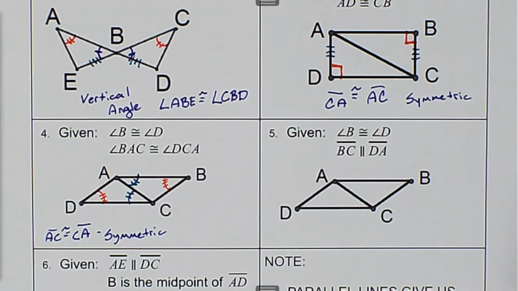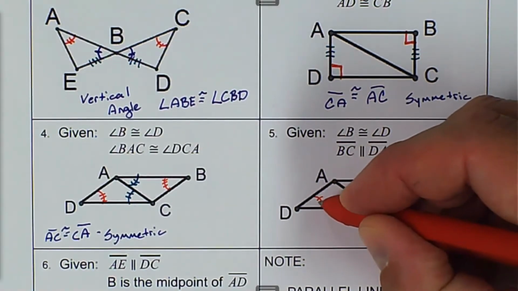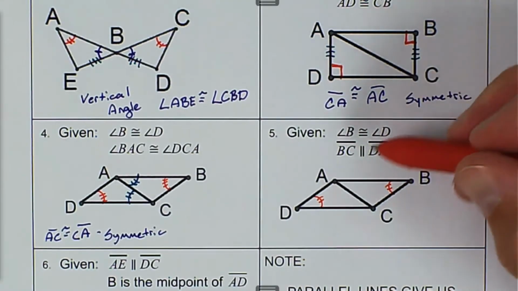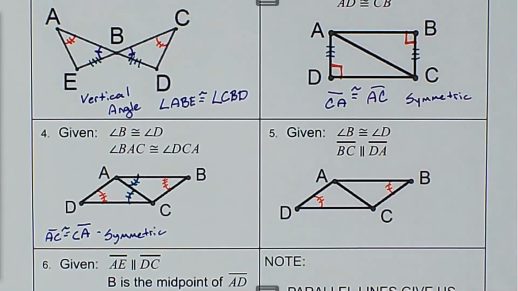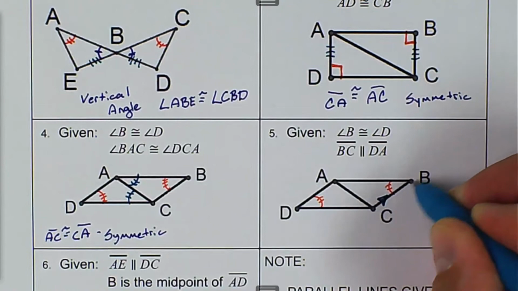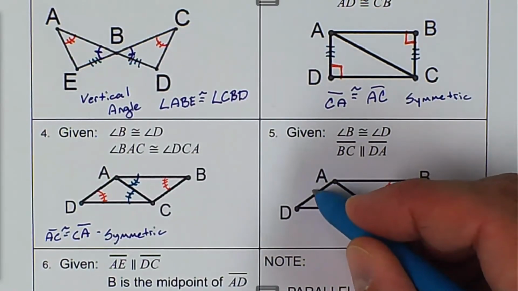If we're looking at the next one, example 5, we have angle B is congruent to angle D. And it says BC, so I'll put one triangle there. BC is parallel to DA.